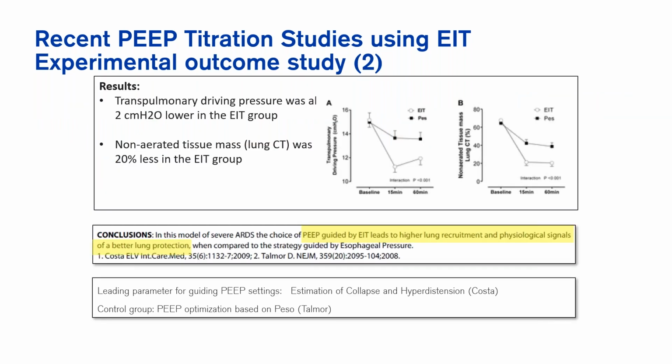As a conclusion, they came to the conclusion that in the model of severe ARDS, the choice of PEEP guided by EIT leads to higher lung recruitment and physiological signals of a better lung protection when compared to the strategy guided by the esophageal pressure measurements. So again, the EIT guided PEEP has proved to be more safe or more lung protective, at least in the severe ARDS patient model.